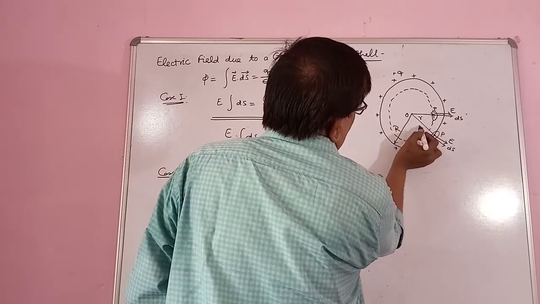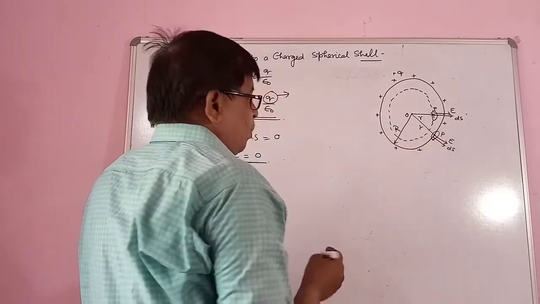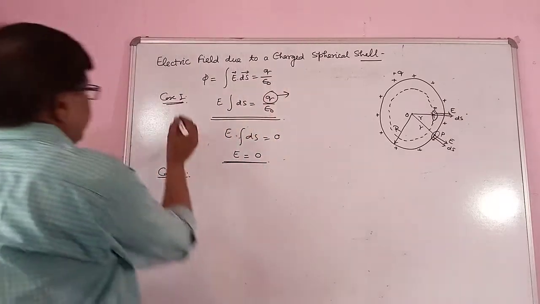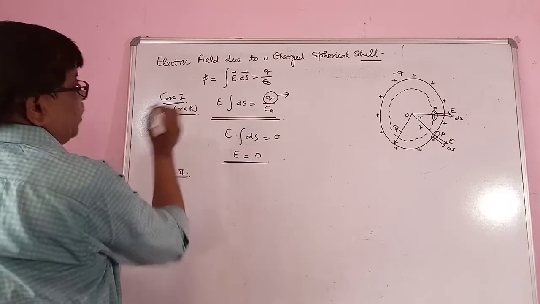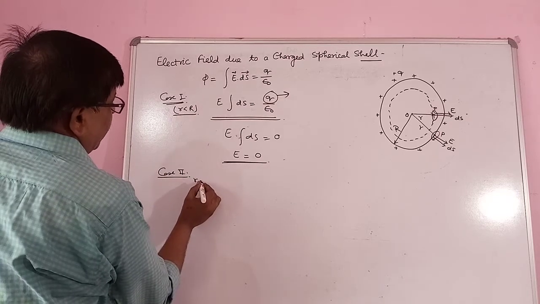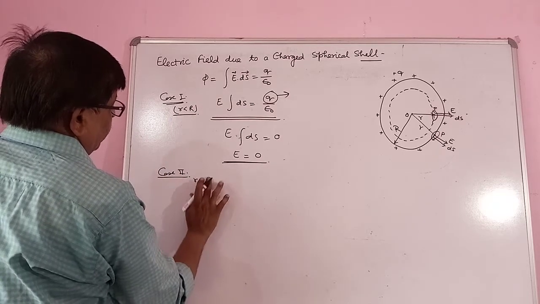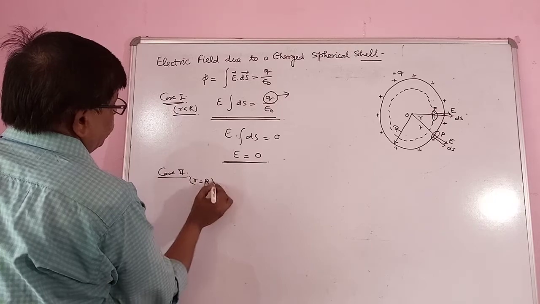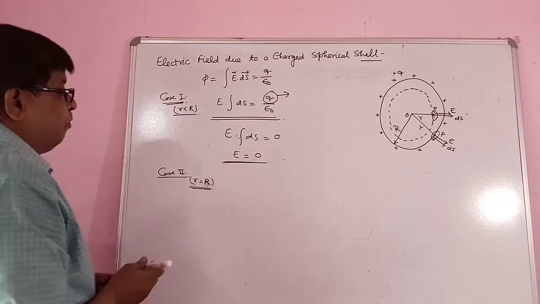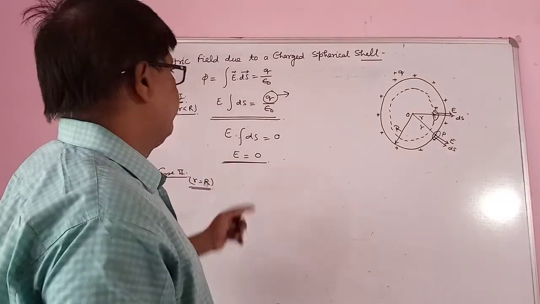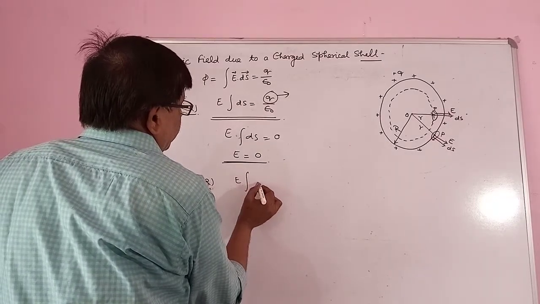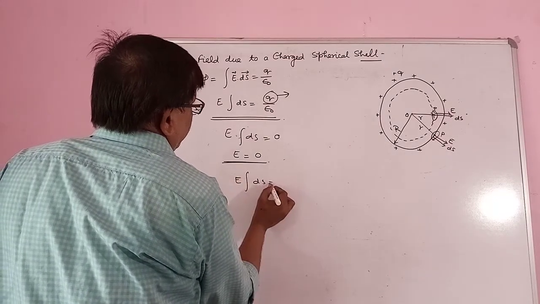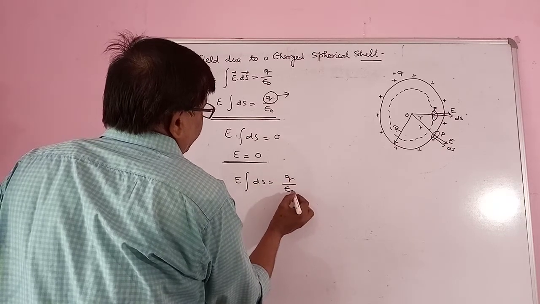In the earlier case r was smaller than capital R, but in this case r equals R. Means capital R and small r are equal in length. Now again E dot ds equals Q over epsilon naught.